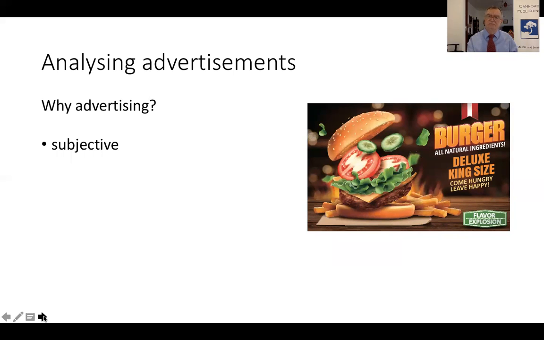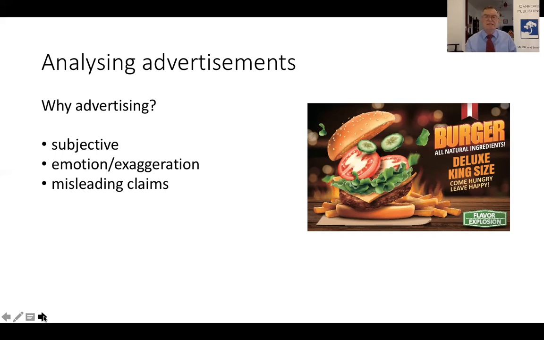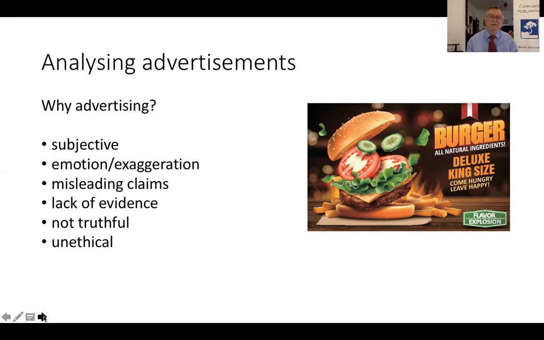For example, advertisements are very subjective, not objective. They depend on emotion and exaggeration, rather like the picture here of the burger. It exaggerates its healthy properties. Misleading claims are often made and they're not backed up with evidence. So sometimes they're not at all truthful and sometimes they are unethical.